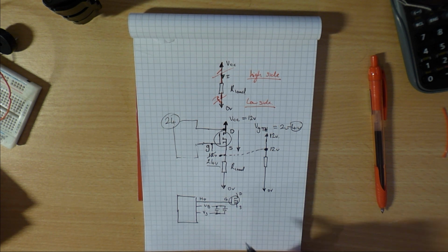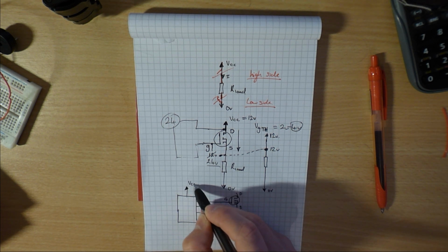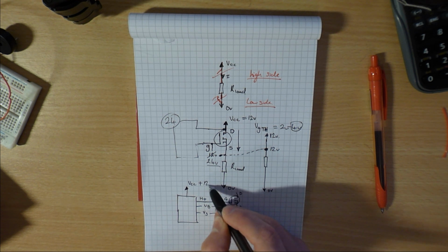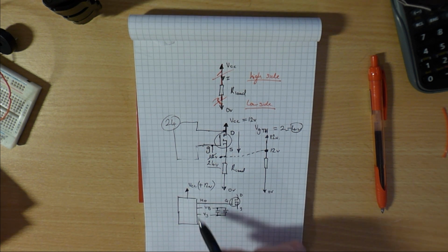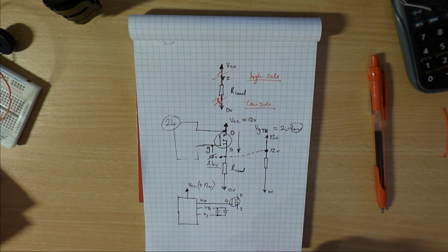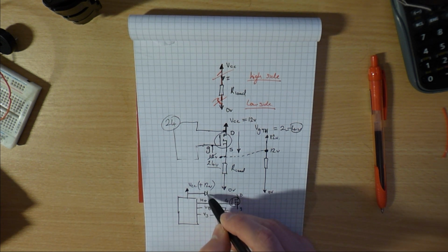You may have a succession of capacitors, which I'll speak about later on as to why you would do that, why that's good practice. And it also has VCC connected to it, which is usually 12 volts or 15 volts, something like that, and that's needed mainly for the functionality of the IR2110. It's got some internal circuitry in there. Well, finally, what it has as well is a diode.